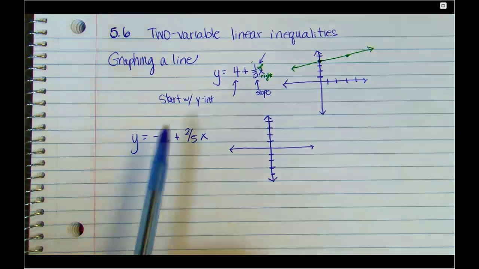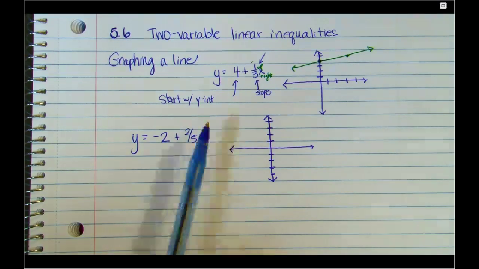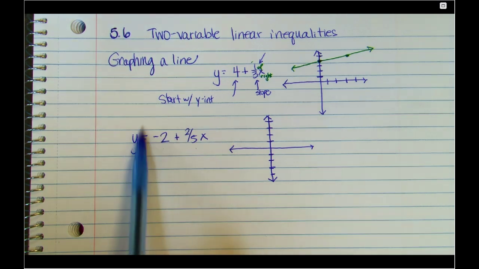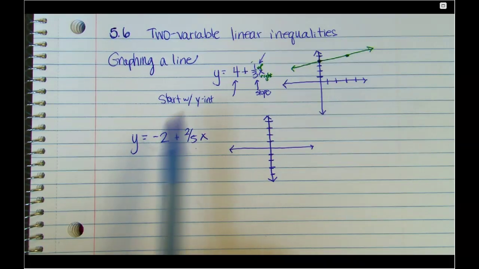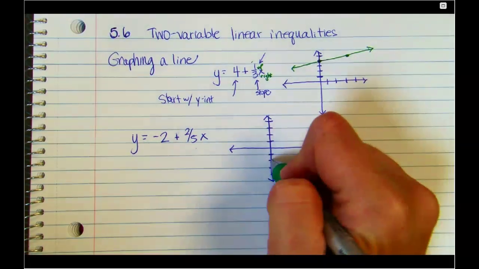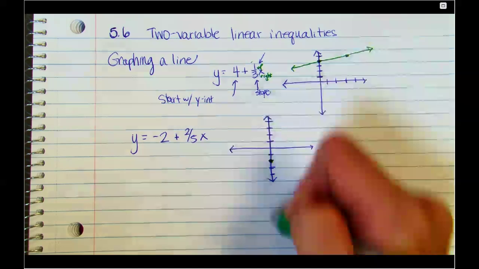Okay, y-intercept is -2. We know that not because it's in front, but because it does not have an x. So we always start with the guy that does not have the x. Okay, y-intercept, no x's is where we start. So it starts at -2, literally -2 on the y-axis.